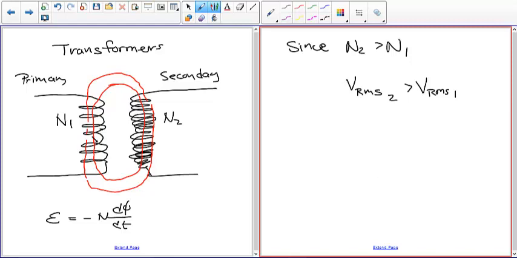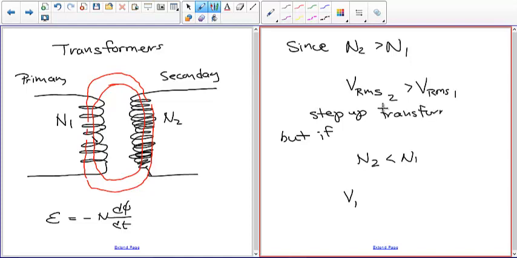Now, but if N2 is less than N1, then the voltage decreases. The first case would be called a step-up transformer because you're increasing the voltage.